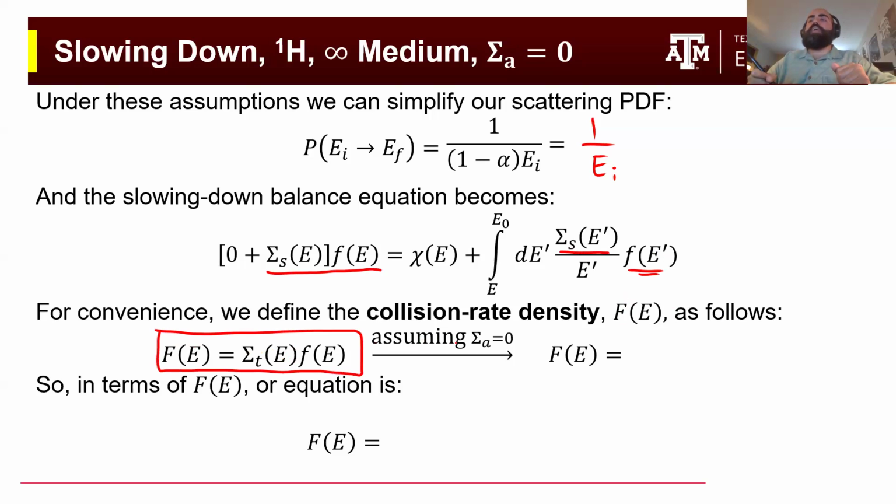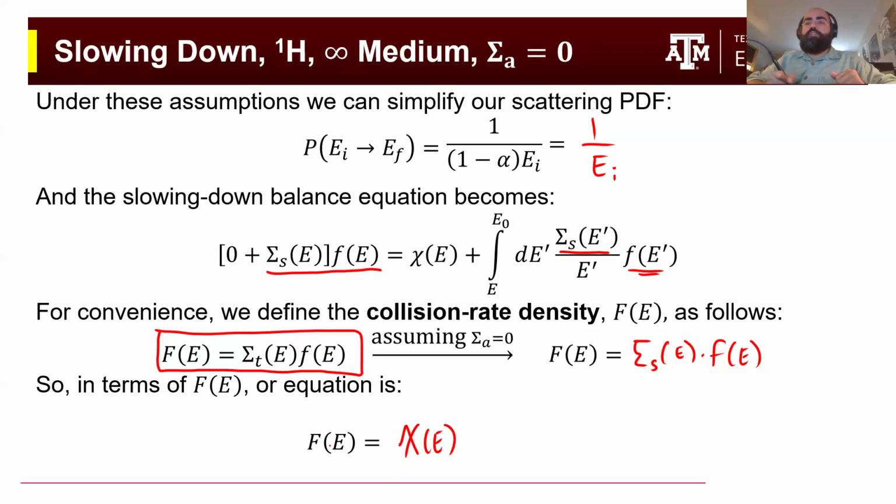But because sigma A is 0, then in this case, the sigma T becomes a sigma S times our energy distribution. And so in terms of the collision rate density, if we plug this definition into this form of the slowing down balance equation, chi of E is unchanged.